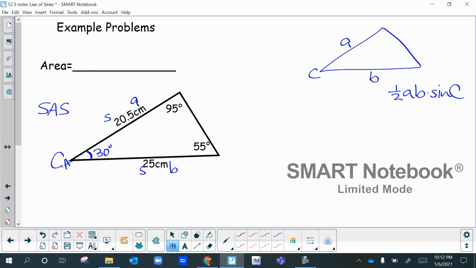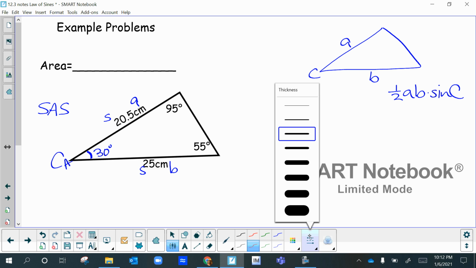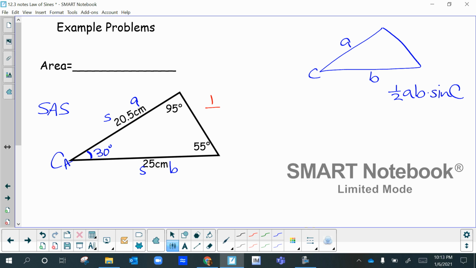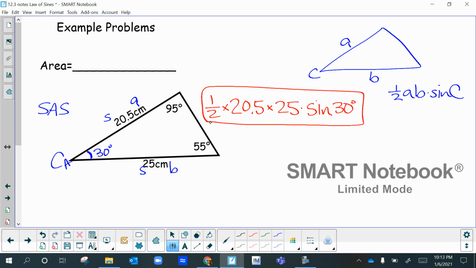So here's a quick way to get the area. You're going to do 1/2 times 20.5 times 25 times the sine of 30 degrees. Okay, so let's put that in our calculator because that's all we need to do. You just have to punch all of that into your calculator. And again, this comes from that formula.